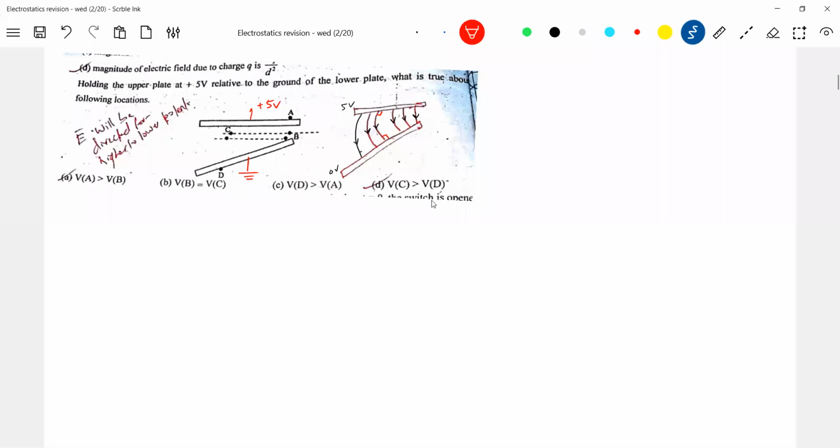Okay, after this, looking at this, now what about the field? It is asking regarding the field at C and D. So the lines will be closer here, and they'll be broader here. So look at the separation. There's a point C and there's a point D. First will come the field at A and B. The A is here.